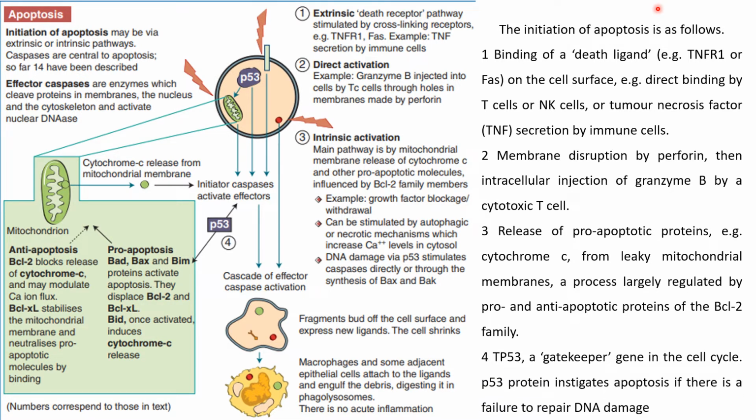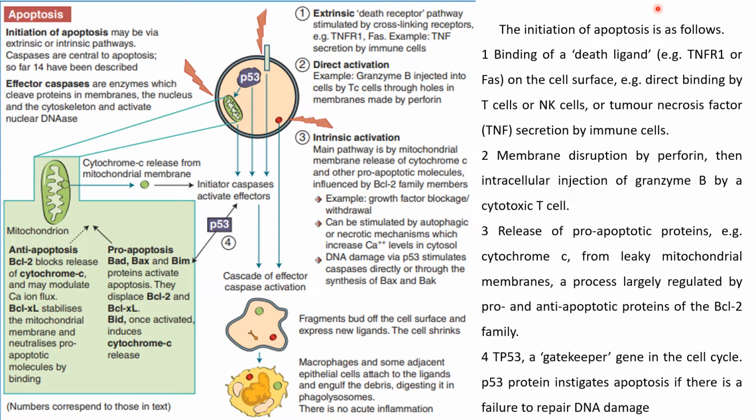Lastly, TP53, a gatekeeper gene in the cell cycle. P53 protein instigates apoptosis if there is a failure to repair DNA damage. Once started, this is generally irreversible, involving a final common pathway of an intracellular cascade of caspases.